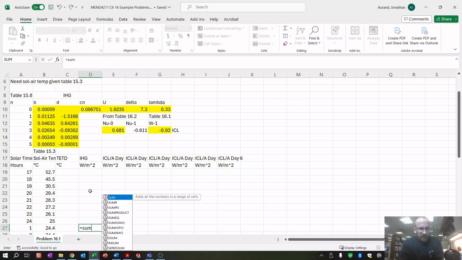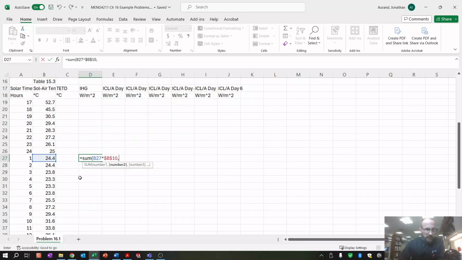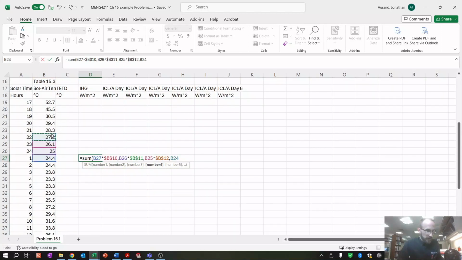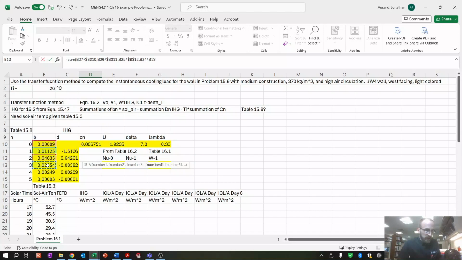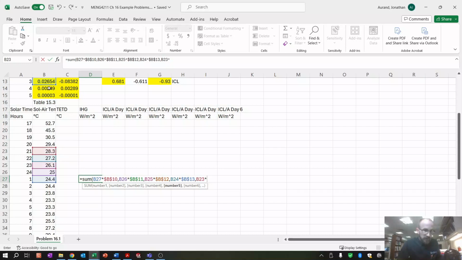So this equals the sum of our solar air temperature times this, comma, this times that, comma, this times that, F4, comma, this times that, F4, and this times that, comma, this times that, F4.